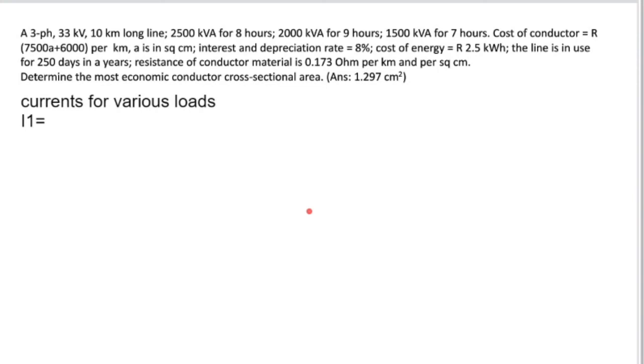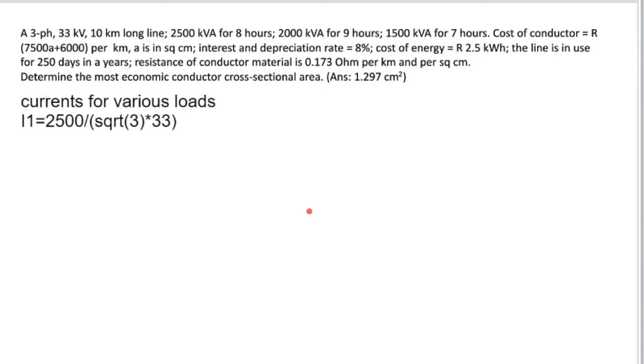So I1 is 2500 kVA divided by √3 times the line voltage, 33 kV.